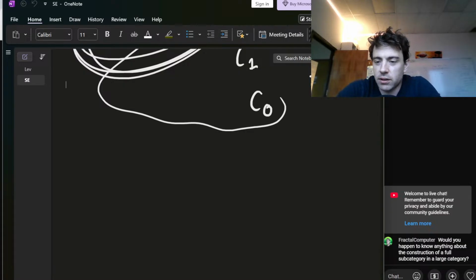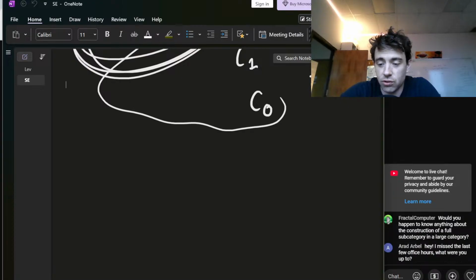Would I happen to know anything about the construction of a full subcategory in a large category? Suppose. I mean, I know examples of that, but I don't know what exactly you mean by the construction of a full subcategory in a large category.